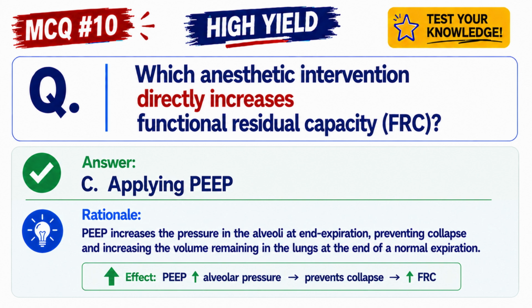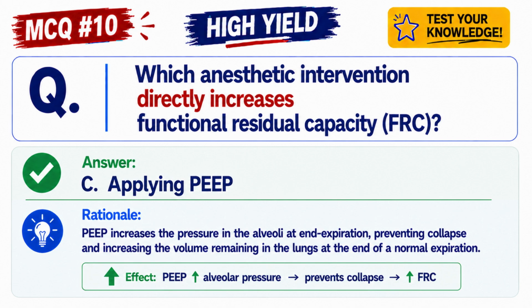Applying PEEP. Here's why. PEEP, positive end expiratory pressure, maintains positive pressure in the airways at the end of expiration. Instead of airway pressure returning to zero at end exhalation, PEEP keeps it elevated, typically 5 to 10 centimeters of water in routine anesthesia. This maintained positive pressure does several things.